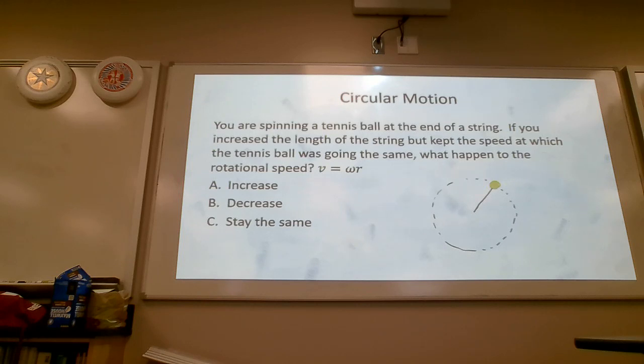Yeah, did I forget to put a slide? Yeah. But the radius is... Sweet?